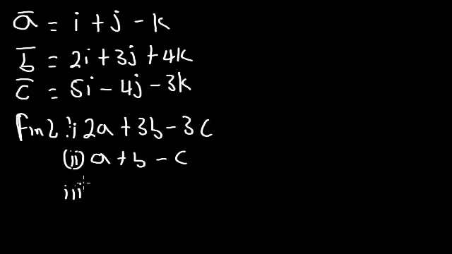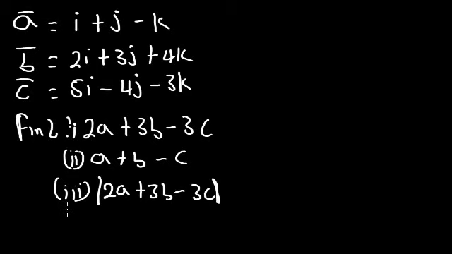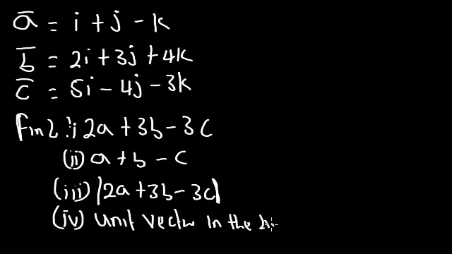Then we have number 3. We are to determine the absolute value, which is the same thing as the magnitude or modulus, of 2a plus 3b minus 3c. Then, second to the last, which is number 4, we have to determine the unit vector in the direction of a plus b minus c.